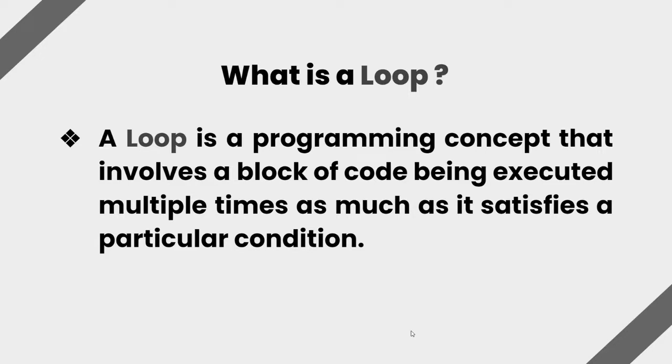So this is a very brief, or what I would call a layman explanation or definition of what a loop is. And the definition actually sounds almost like conditional statements in a way, but mind you, they are different. They are not the same.